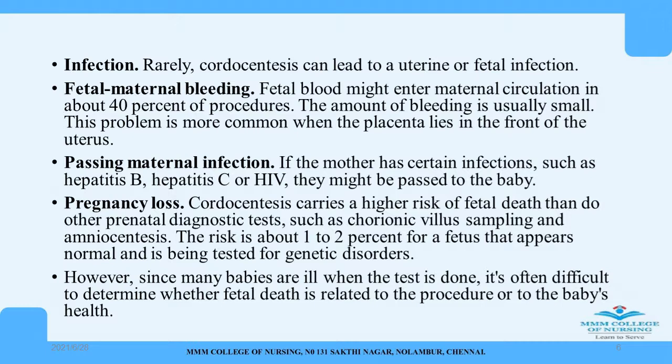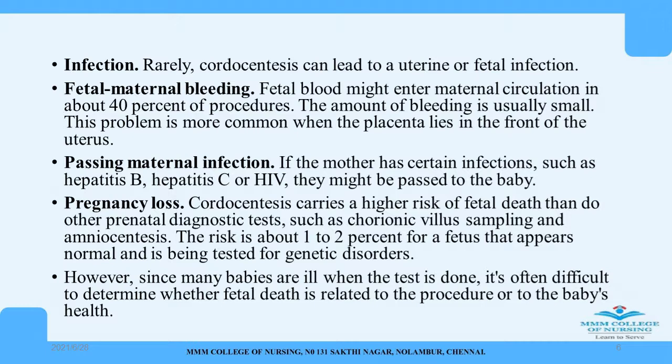Then fetal-maternal bleeding. Fetal blood might enter maternal circulation in about 40% of procedures. The amount of bleeding is usually small. This problem is more common when the placenta lies in front of the uterus. When there is mixing of fetal blood with the mother's, it can cause some complicated reactions also.